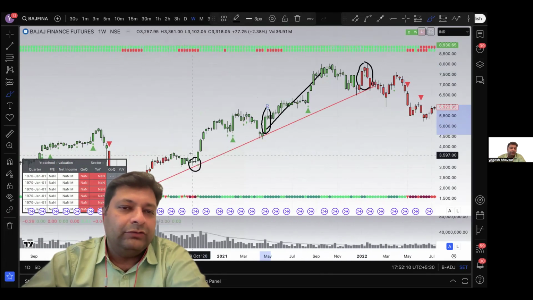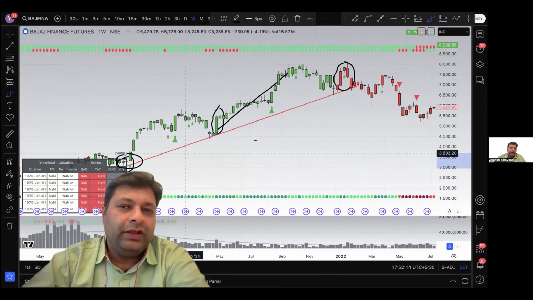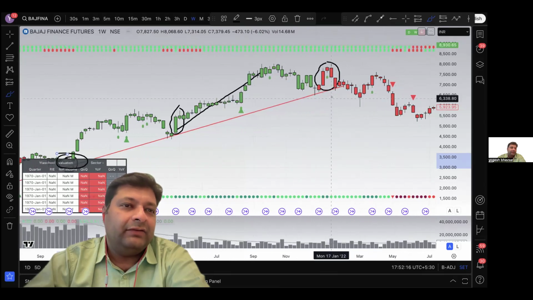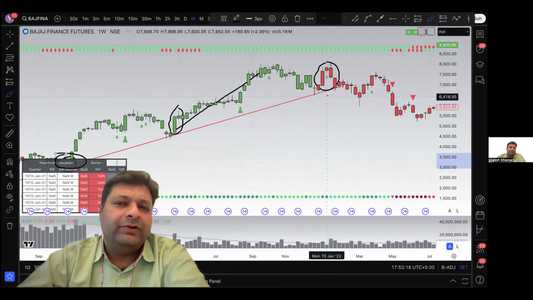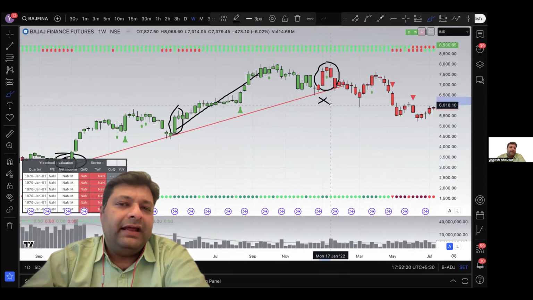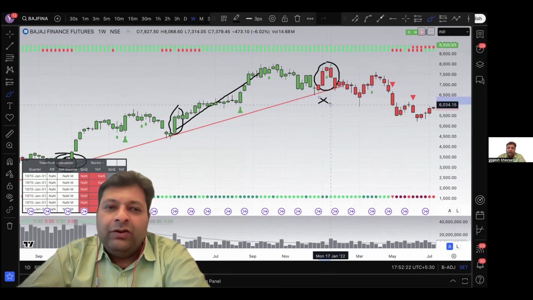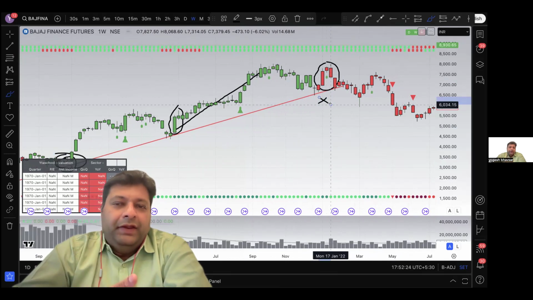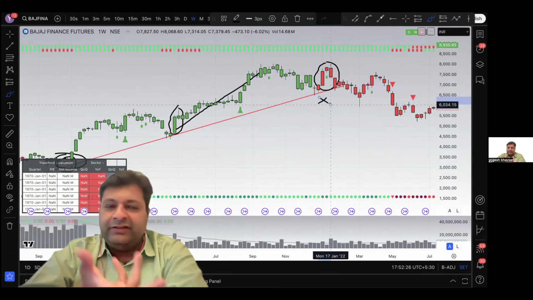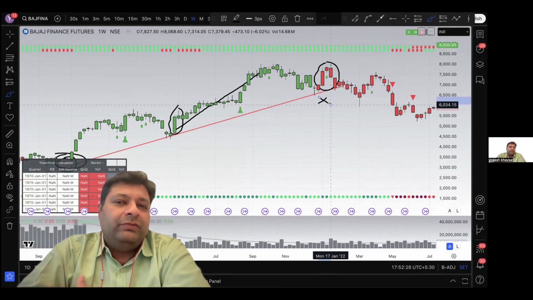Over here also, it was all green candles. But this was the area where you should know that there is a possibility that this trend line support may not work. It may work, it may rally after this, there is no guarantee, but there are possibilities that this might not work.